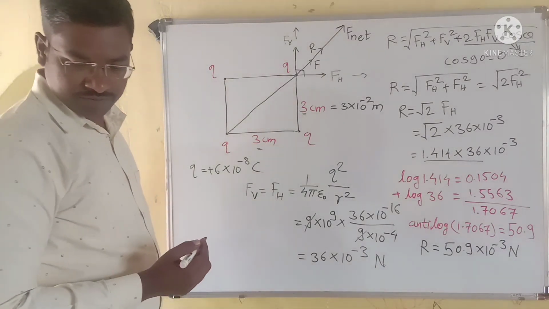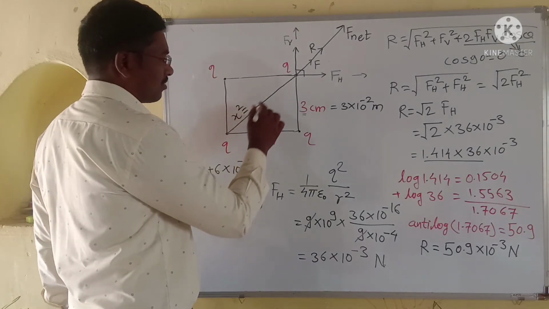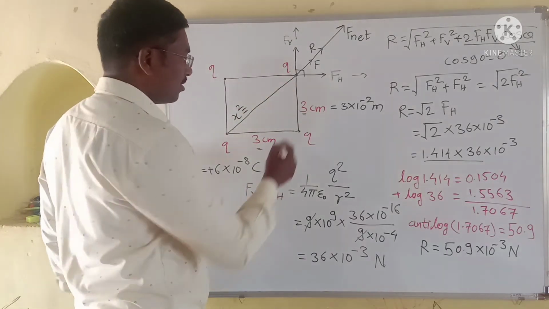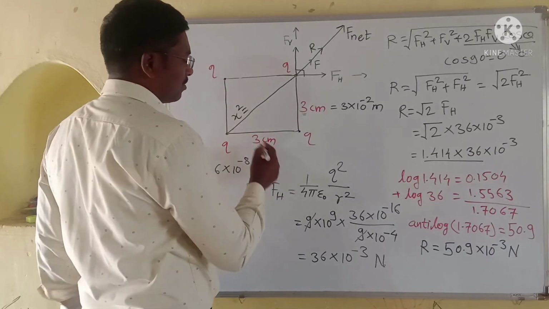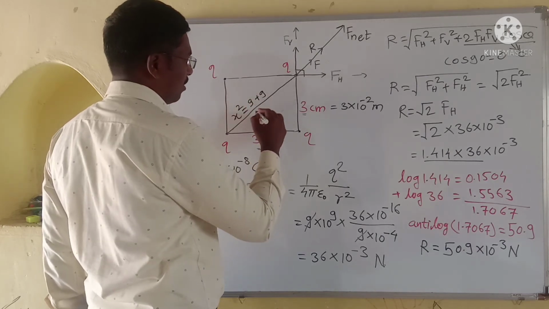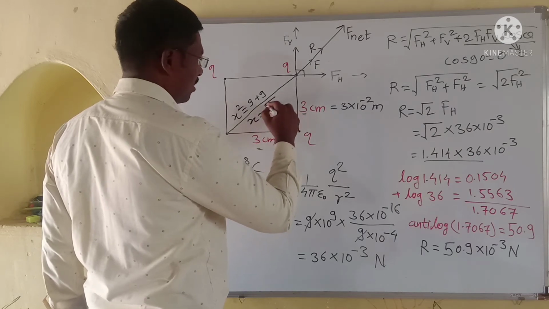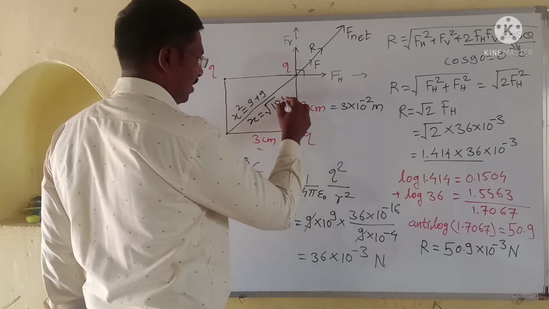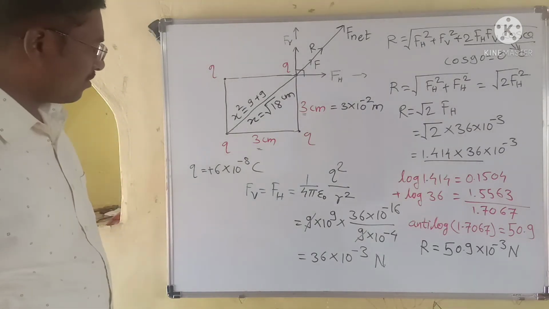Suppose we call this side x. Hypotenuse square is equal to the sum of squares of these two sides, which is equal to 9 plus 9, so x is equal to under root 18 centimeter. Okay. We have calculated the distance.